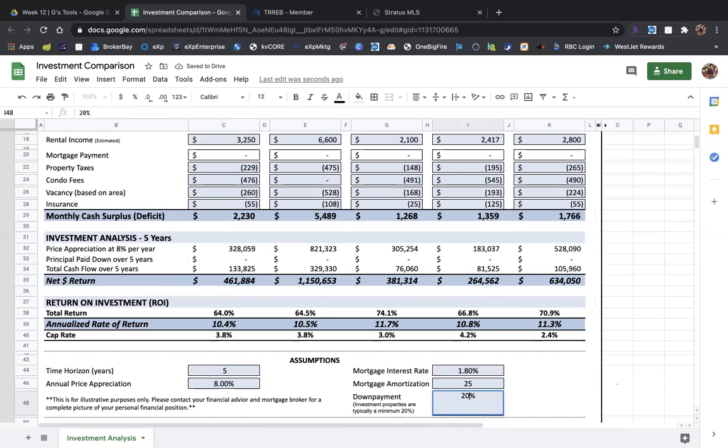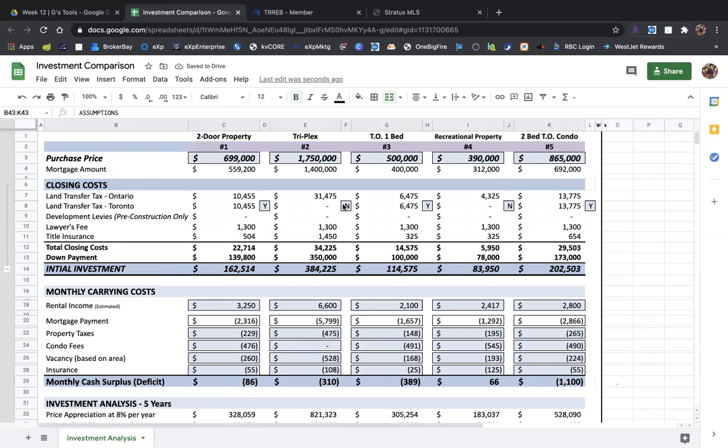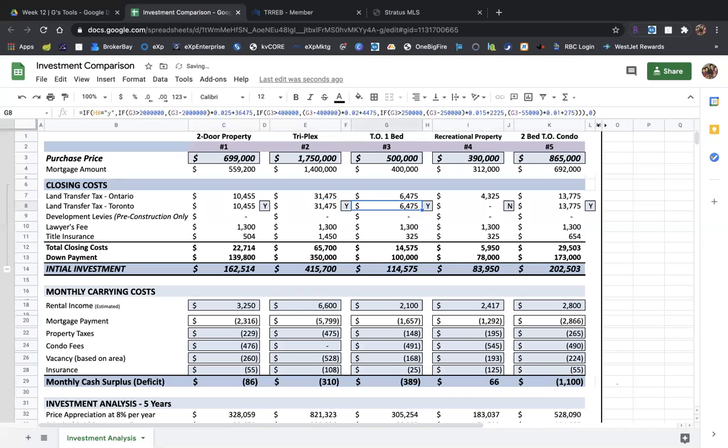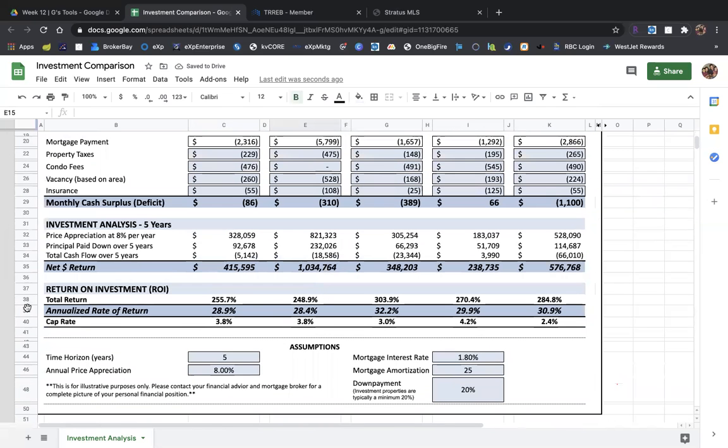Let's assume they were all in Toronto. Now the numbers are really going to pop. Let's assume everything's in Toronto. Look at these returns. Look at the dollar return in 5 years, just because it's in Toronto.